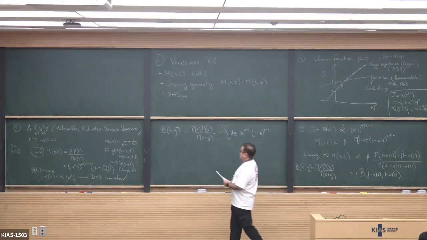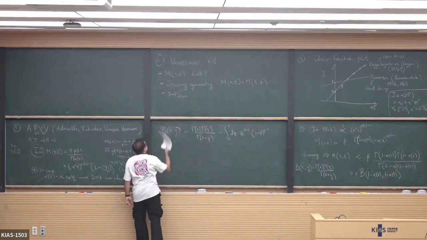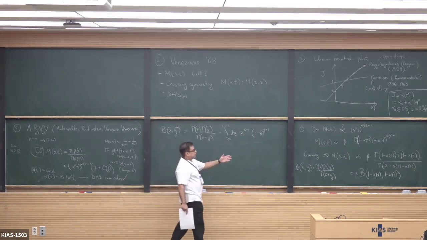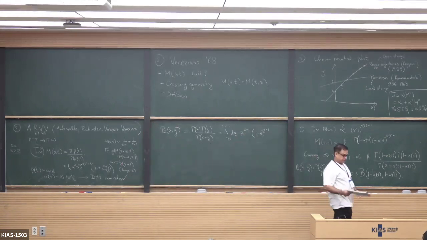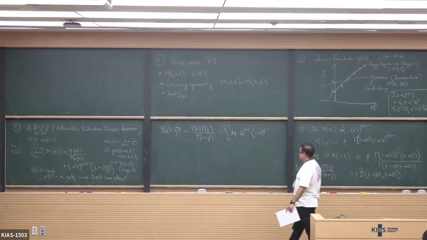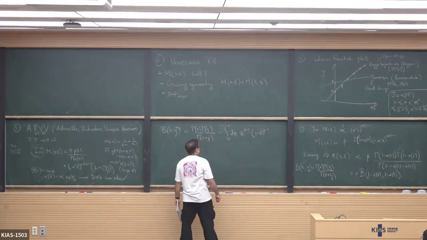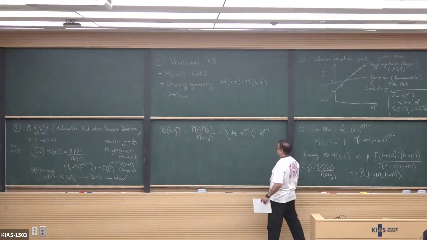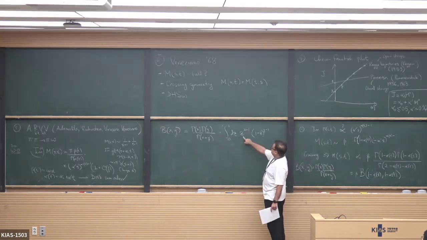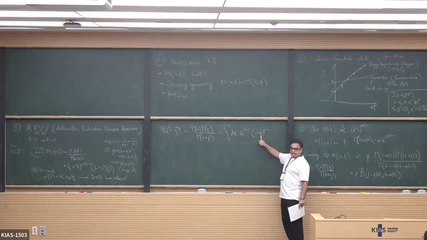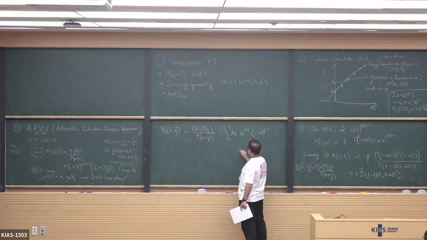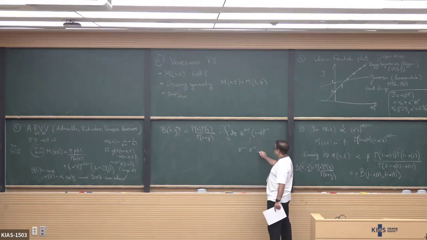Now, the thing that I have not explained as yet is how does it satisfy this fact that you can expand in terms of either the S-channel poles or in terms of the T-channel poles. So now, to do that, I'll point out an observation, and then we are going to make this rigorous when we do dispersion relations, that what you can do is you can take this and you can binomially expand in powers of z. So for example, this is going to give rise to z to the power x minus 1, and then you're going to get some positive powers from here due to some binomial expansion.